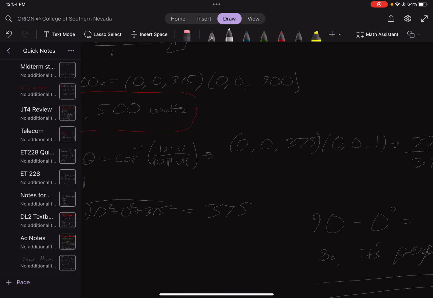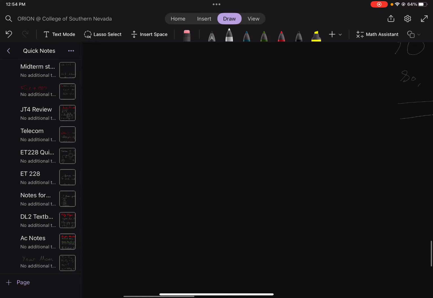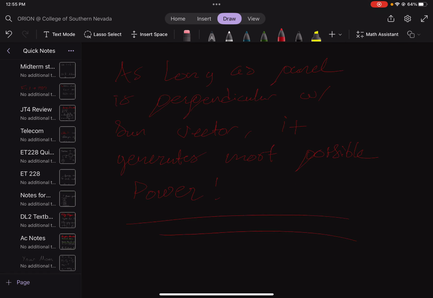As long as the solar panel is perpendicular with the sun, it generates the most power. And there we go. And that concludes.